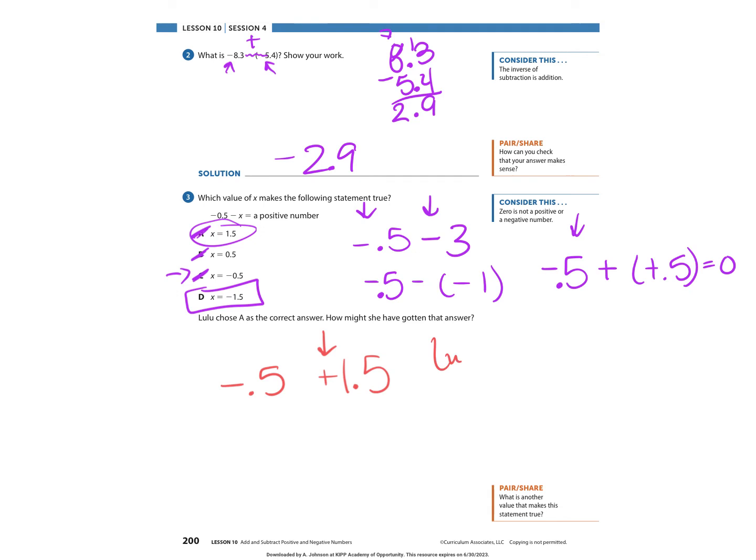So Lulu might have thought you were adding 1.5 when you need to actually subtract it.